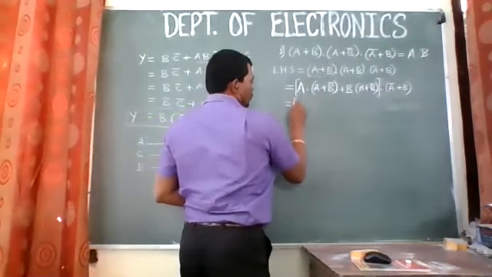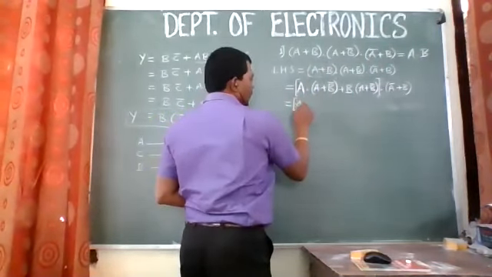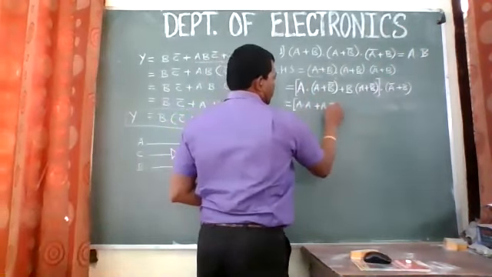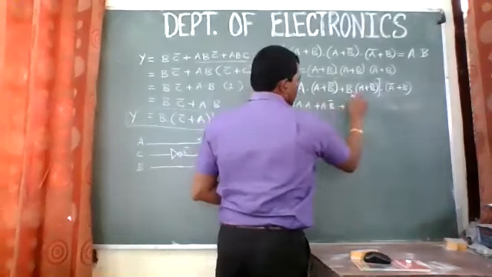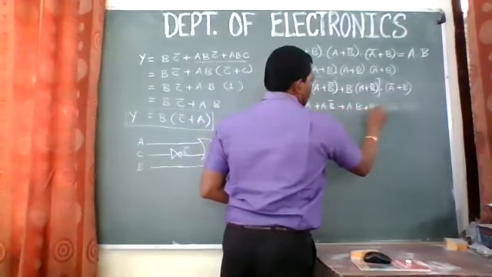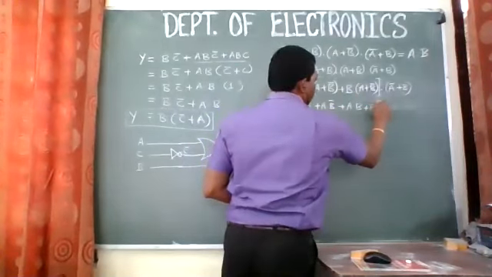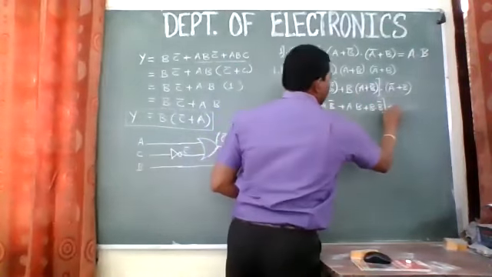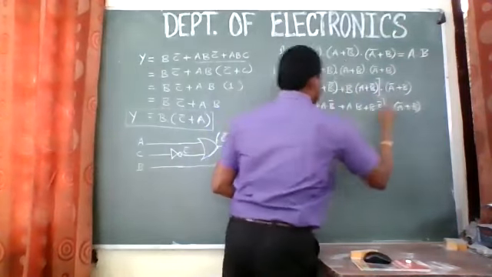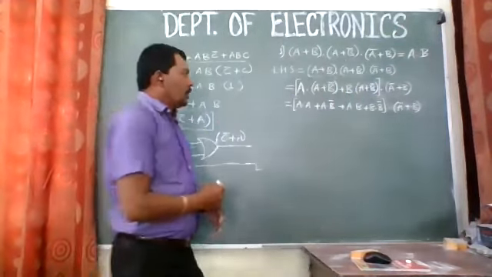So I'm multiplying this whole big bracket: A dot A plus A dot B bar plus A dot B plus B dot B bar, and this (A bar plus B) is as it is. Is it okay?